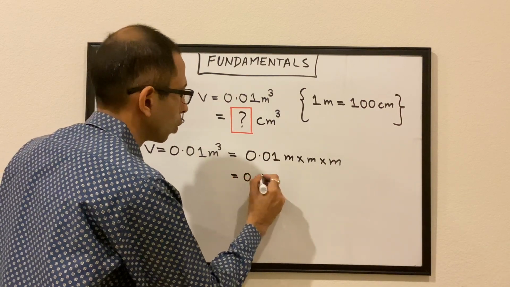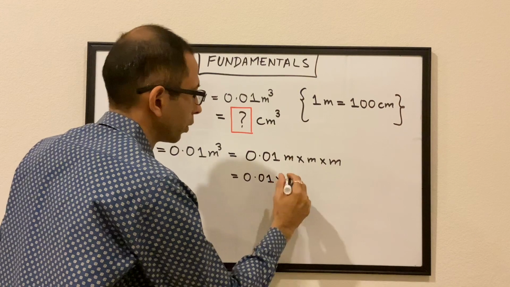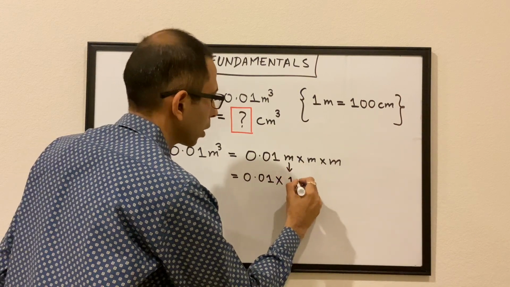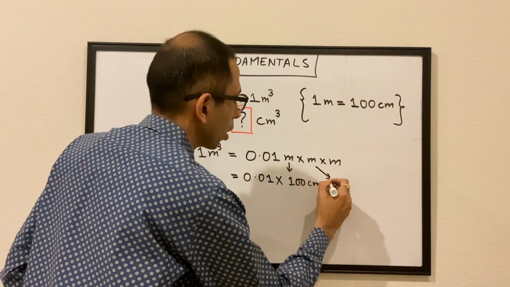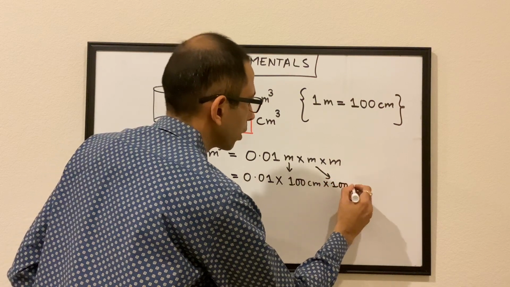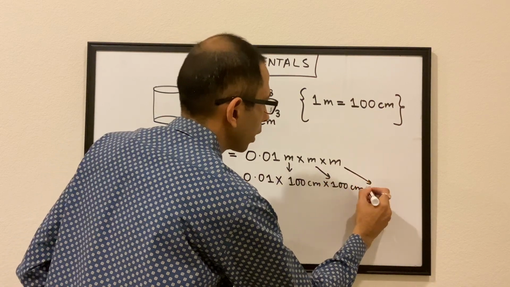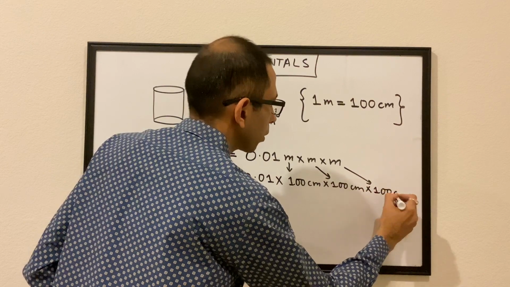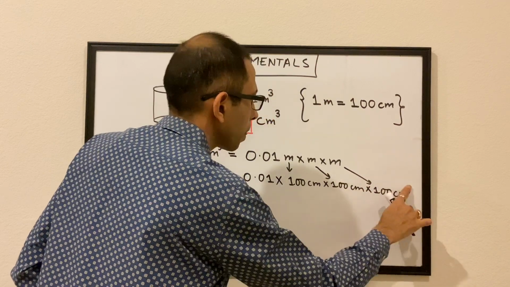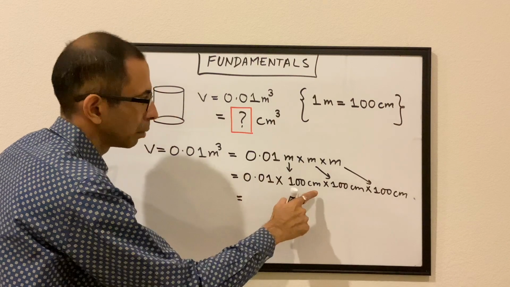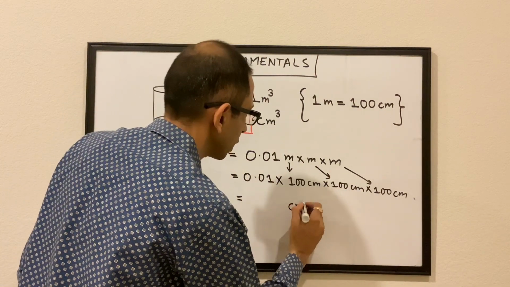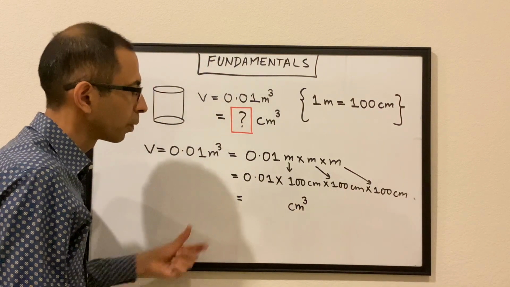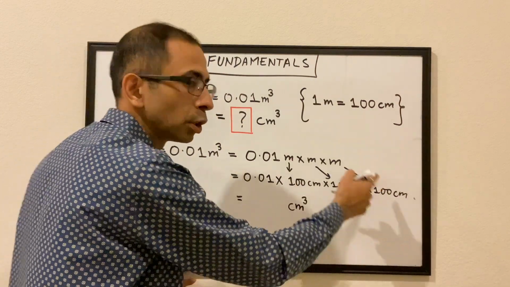So 0.01 times 100 centimeter coming from here, 100 centimeter coming from here, and 100 centimeter coming from here. Centimeter times centimeter times centimeter is centimeter cube. So we have got our desired unit, centimeter cube. All we have to do is take care of the numerical part.